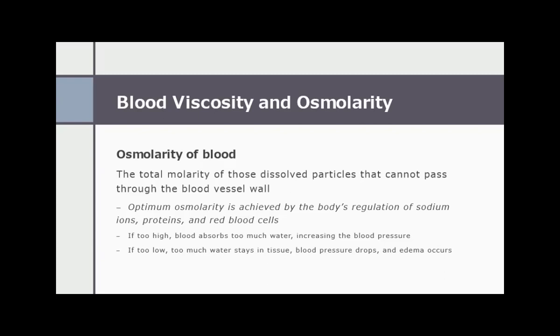So if you have too much fluid, it's going to initially go into the blood to get spread out to other areas of the body. The more volume you have in your blood, the more it stretches your heart. The more your heart stretches, the harder your heart has to pump to move that fluid through, which is what increases the blood pressure. Any questions on that?